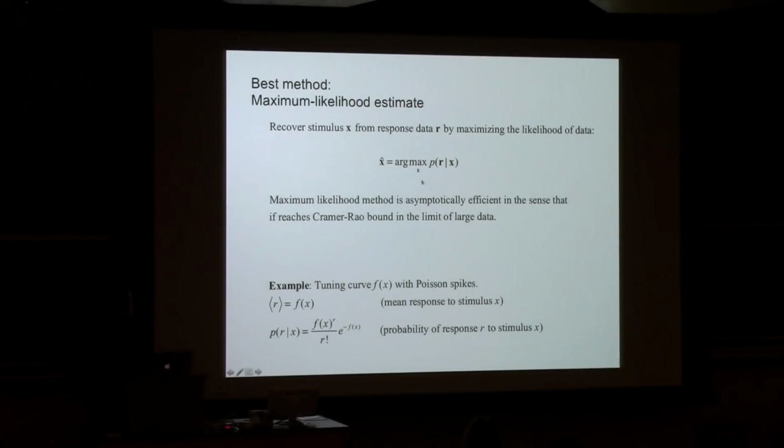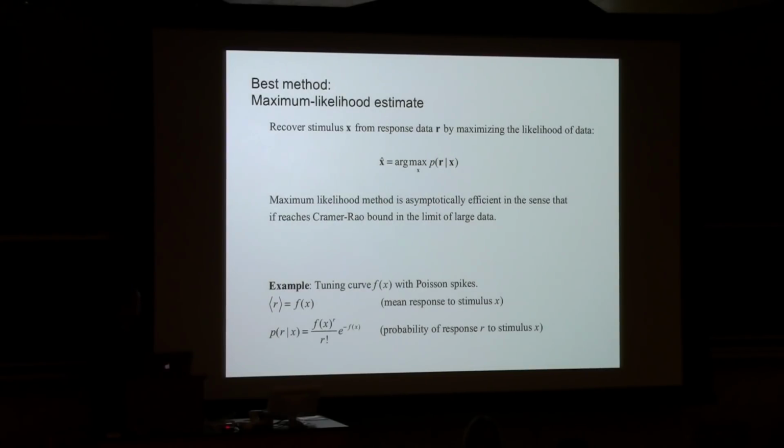So basically, this probability distribution says I know how the response vector of many neurons is distributed given the value of that stimulus or encoded variable x. Once I know that, your data is the response of neural activity, the R, that's known.